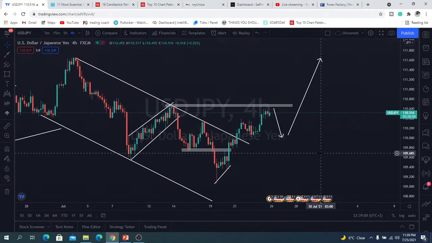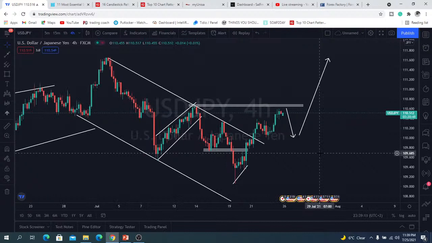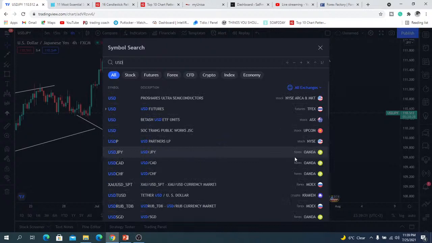I want to be honest with you guys, I'm not good with DXY. I'm not too sure if my strategy works on DXY, but then yeah, I will do it. I'll also check USD ZAR. Gold. Let's look at USD ZAR.